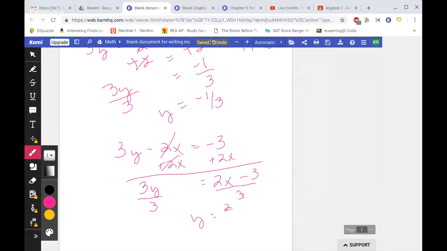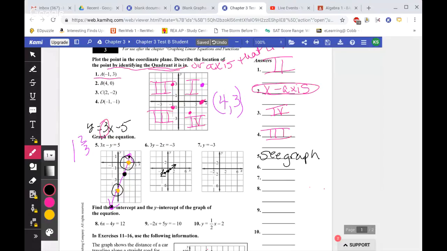So in slope-intercept form, the equation would look like this. I'm going to do this one in yellow again. Your intercept would still be 0, -1.